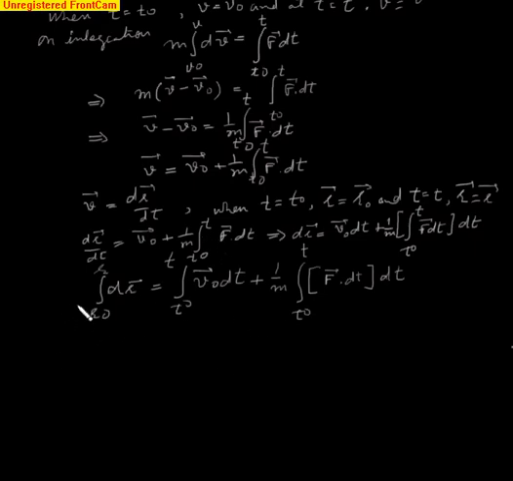Now solving the integration, this dr becomes r, and putting the limits, we get r minus r naught is equal to the integration of dt, that is t, putting the limits, v naught as it is into t minus t naught, because the lower limit is t naught and the upper limit is t, plus 1 over m, and the remaining portion remains as it is, t naught to t, I have to integrate the whole term F dt, and again dt here.